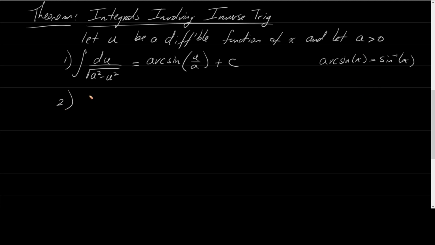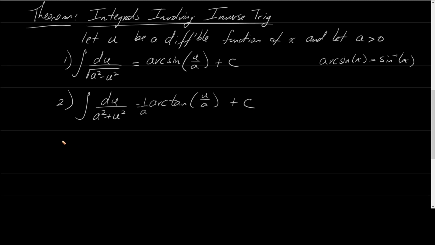If I have the integral of du over a squared plus u squared, this gives me arctan, 1 over a arctan of u over a plus c.